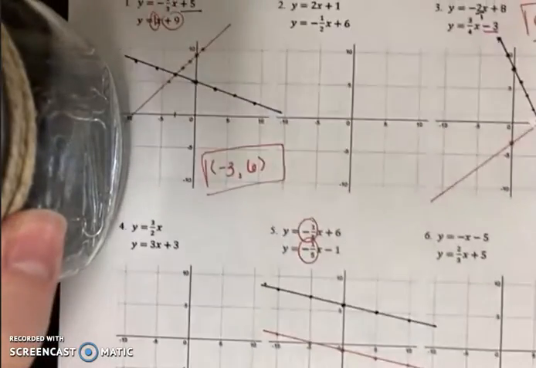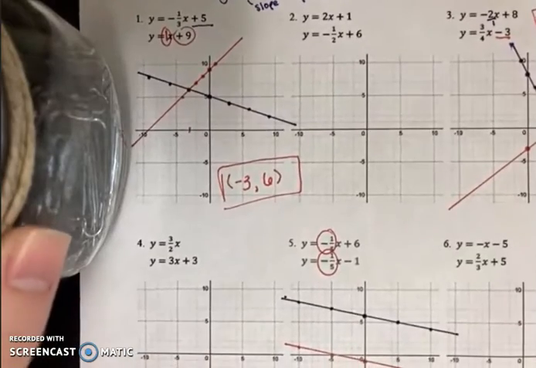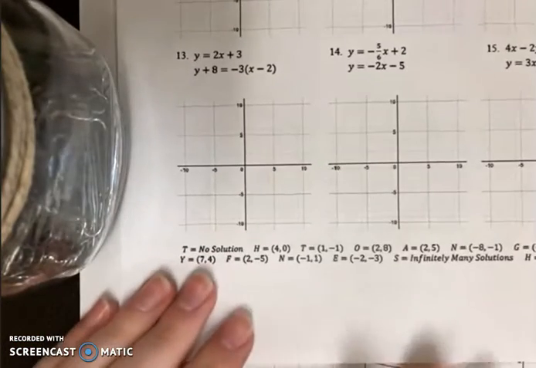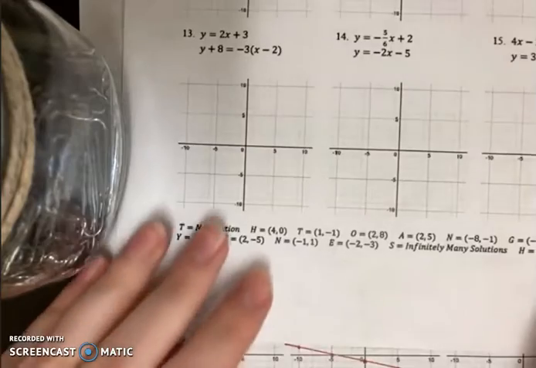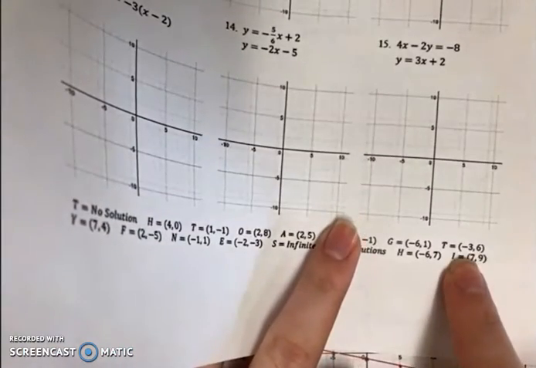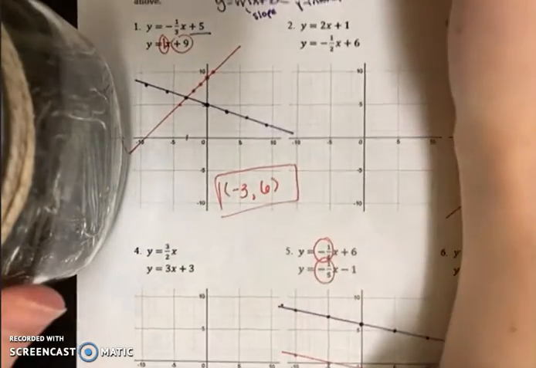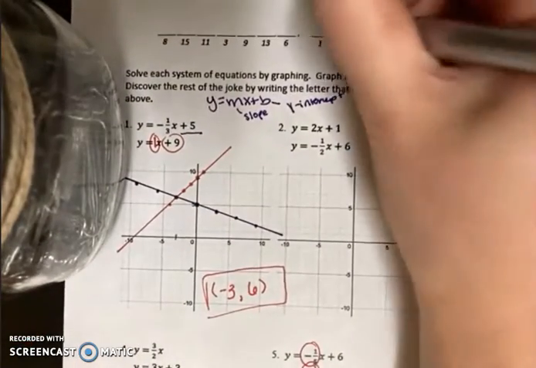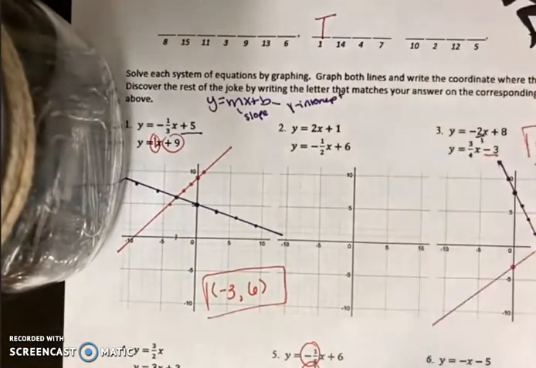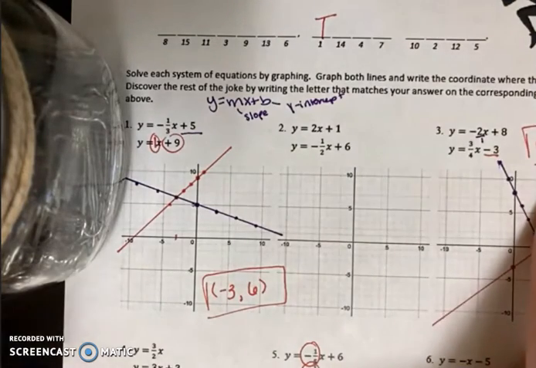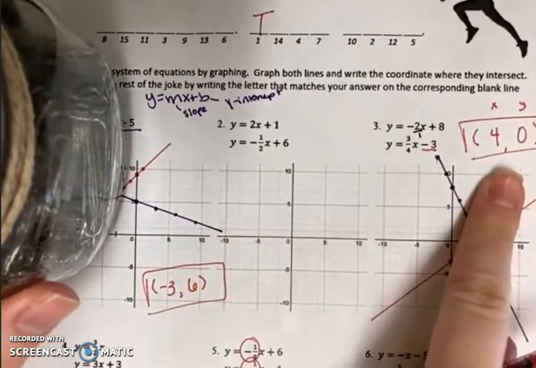We said number 1 was -3, 6. If we look at the back, -3, 6 is all the way over here, which is t. So 1 is t. Number 3 was 4, 0.